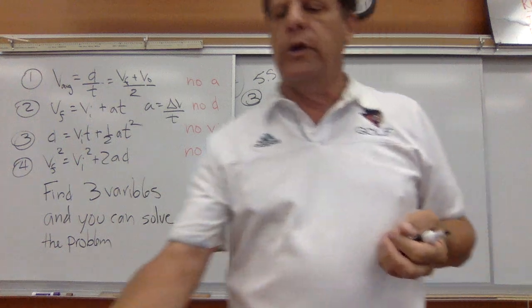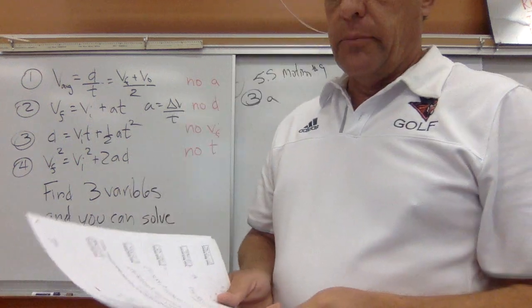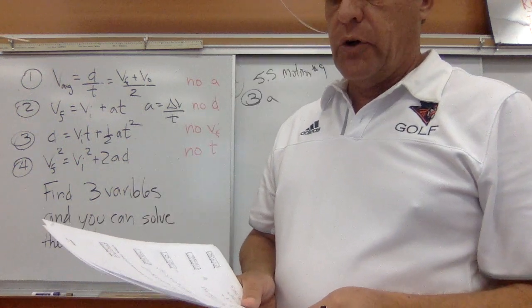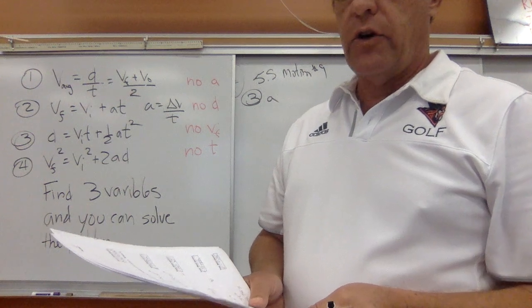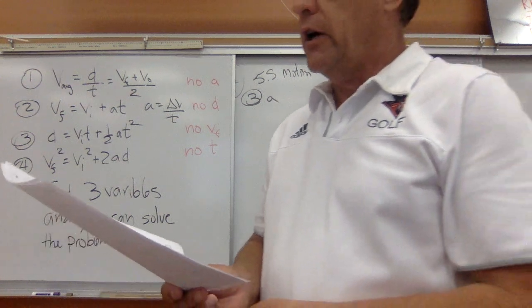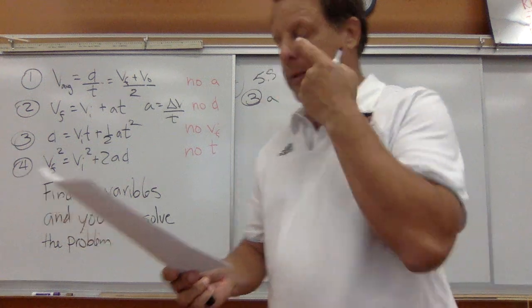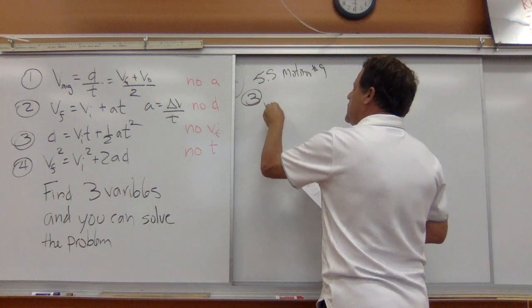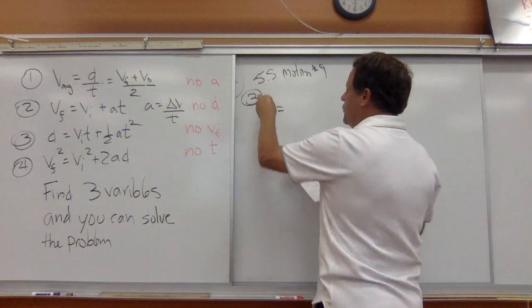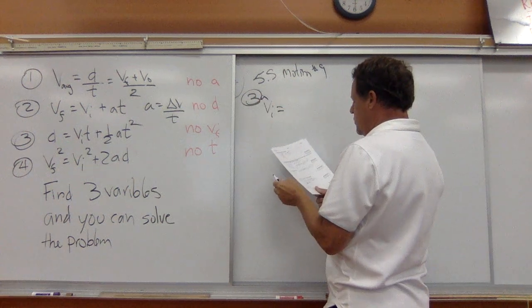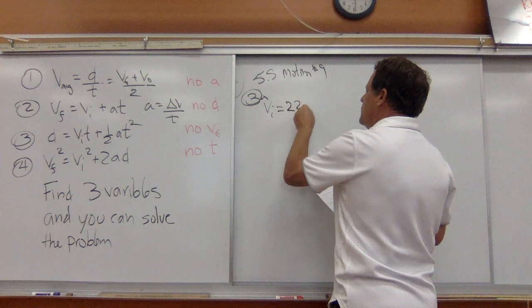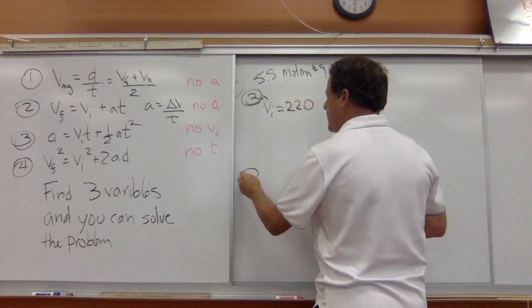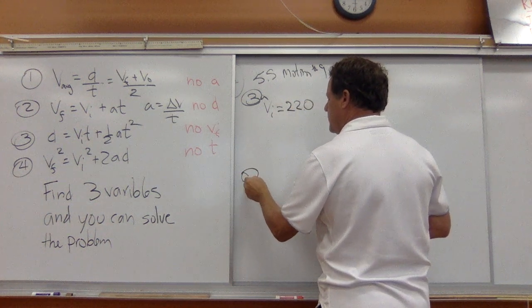We're going to start with A. A soccer ball is kicked straight up from the ground into the air with an initial velocity of 22.8 meters per second. So we know that the initial velocity is equal to 22.8.